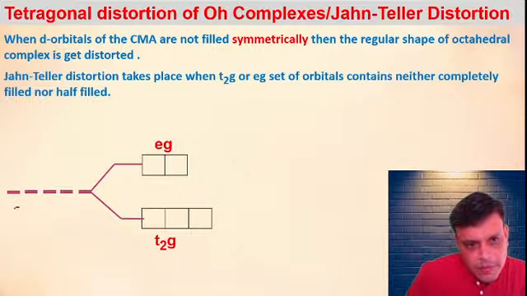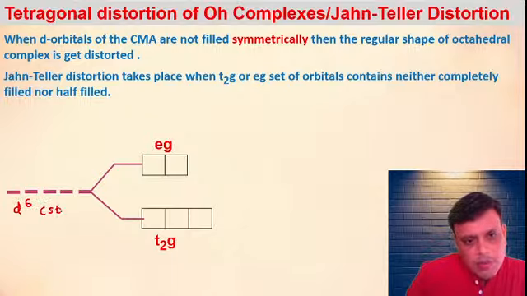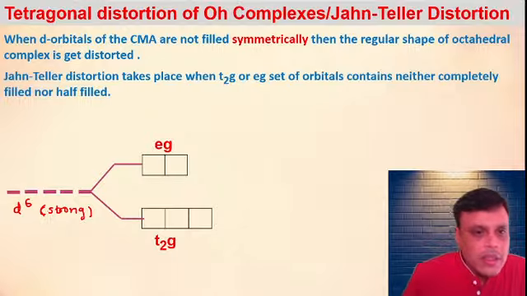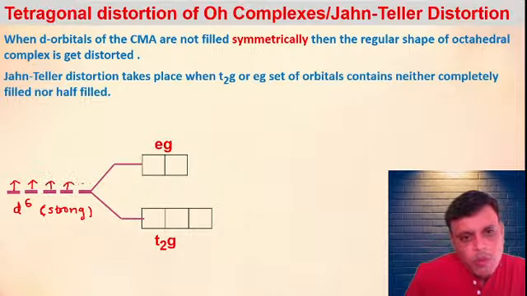Okay, so here I will take a d6 system, and suppose it is a strong field complex. The complex is strong field and your system is d6. Then a d6 system means you have 6 electrons, 1, 2, 3, 4, 5 and 6.